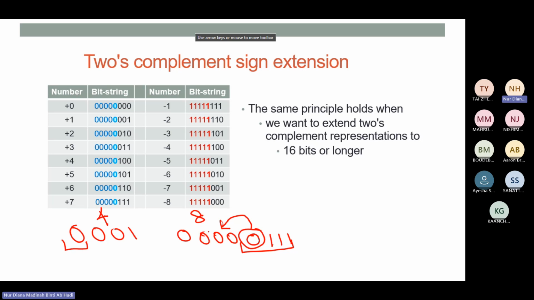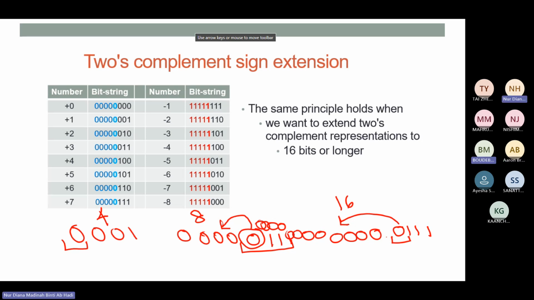You will be repeating it. For example, if you want 16 bits, we check the original 4-bit. The most significant bit is 0, right? So you have to add another 12 bits of 0 because it is a sign extension. Okay? So far, do you understand this one?